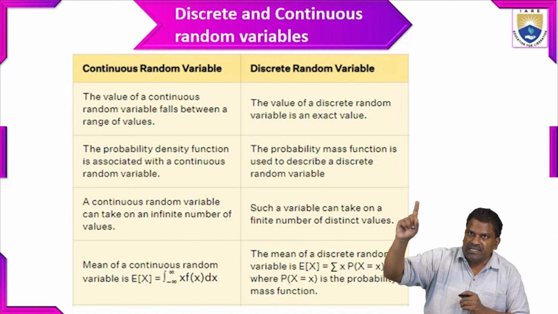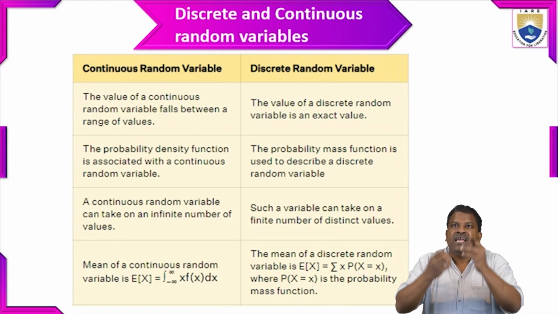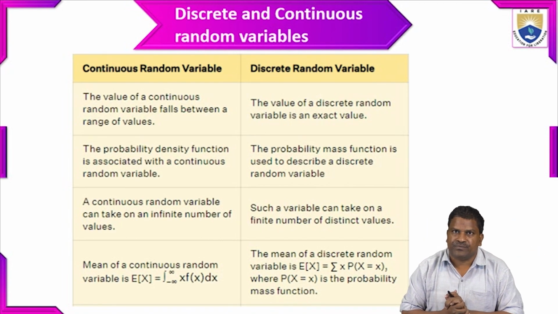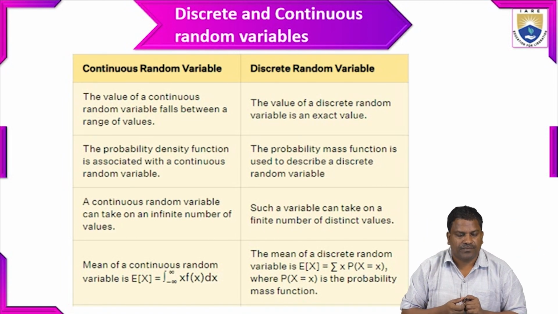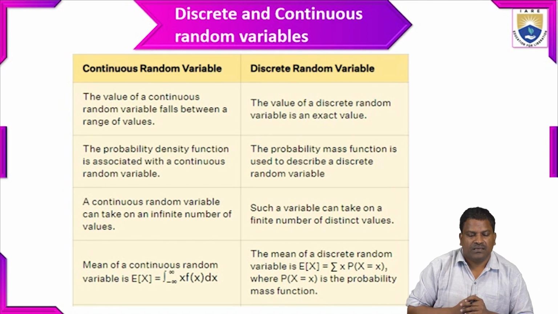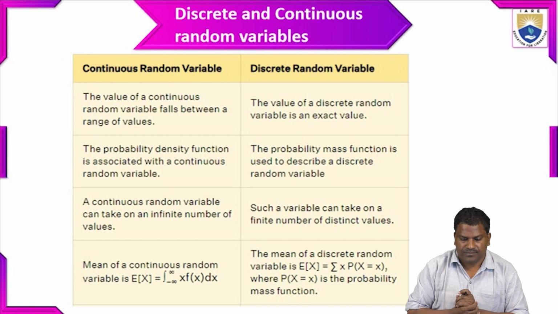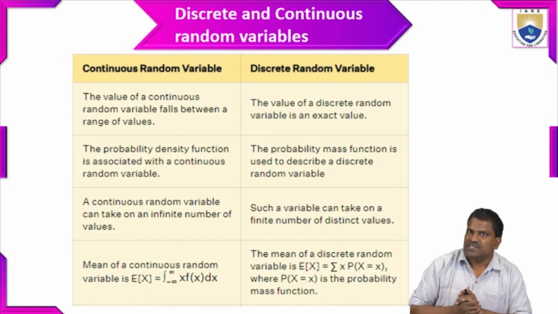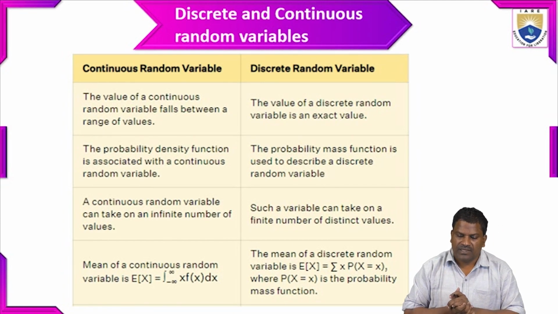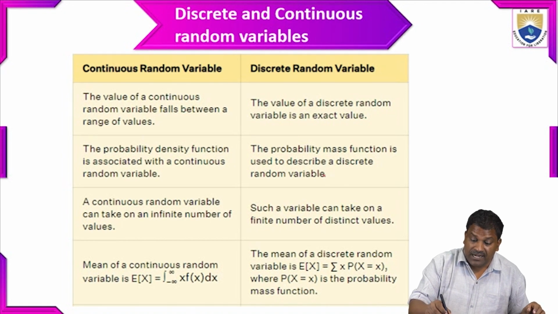While in a discrete random variable, the value is an exact value, some numerical value we discussed earlier. In a continuous random variable, the probability density function is associated with it, whereas in a discrete random variable, the probability mass function is used to describe it.